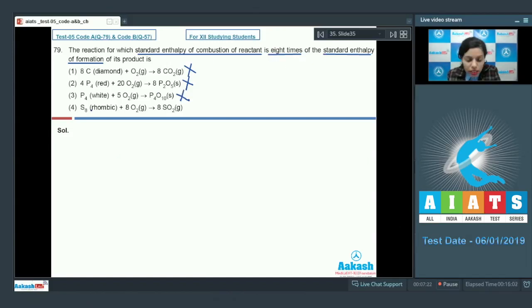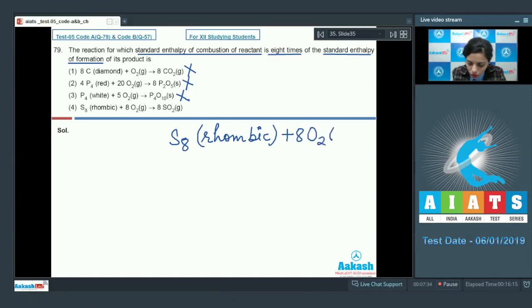Now we are left with the last option. Here we have S8. This is rhombic sulfur. Combining with 8 molecules of oxygen to give you 8 SO2 in the gaseous state.